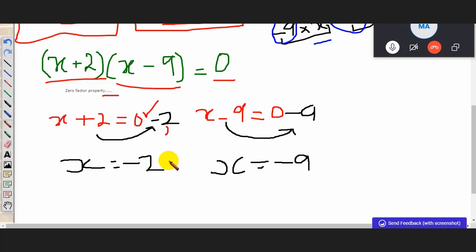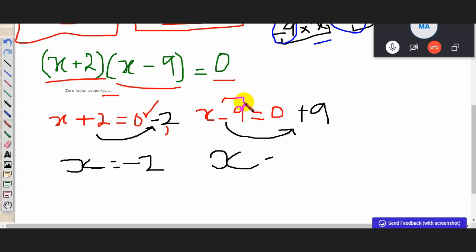And this is not right because this is -9, and when you shift the -9 to the other side, exactly. Perfect. So now the solution set is, we will write the solution as a set like this: the first value is -2 and the second one is 9.